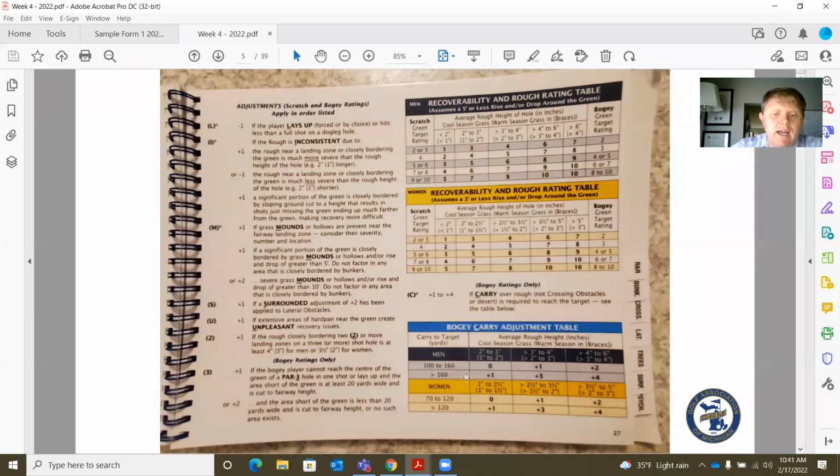And so typically that will trigger you to make sure you look for that rough carry adjustment. It's a little bit different if you get into the second column because the yardage is a lot shorter in that case.